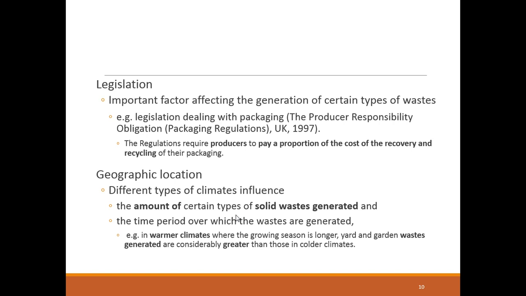For example, you would find warmer climates, because we have longer growing periods, there is a greater opportunity for greater waste generation of certain types of organic materials such as yard and garden waste, etc. Whereas in a colder climate, growing seasons are shorter. In temperate climates, you know, they have 4 seasons. Growing seasons would be significantly shorter, so therefore your organic waste would be significantly less.